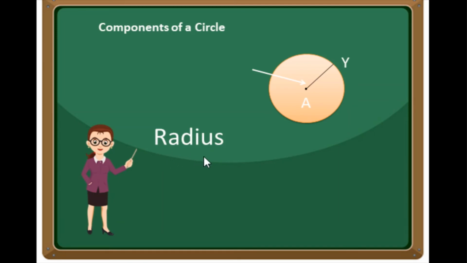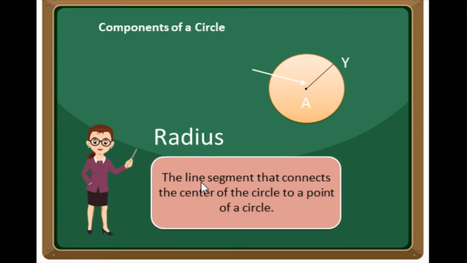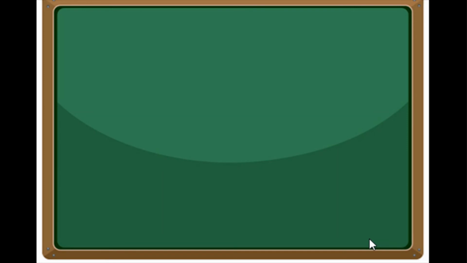The radius is the line that connects the center of the circle to a point of a circle. Example, this point A going to point Y. It's the radius. Alright, we had circumference, center, diameter, and radius.